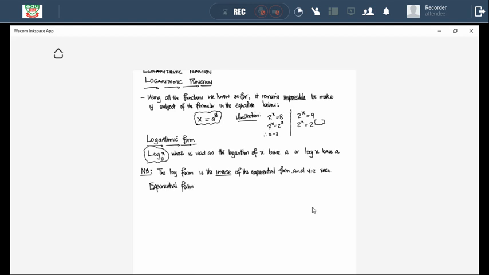In the exponential form, if I'm given a number like 32, I can write it as 2 to the power of 5, where this 32 we call the number, 2 we call the base, and 5 we call the exponent.